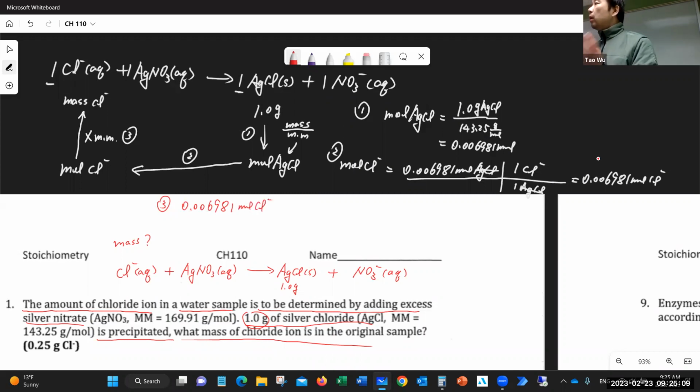Mole times molar mass gives mass. The molar mass of the chloride ion is in the periodic table. That's 35.453.